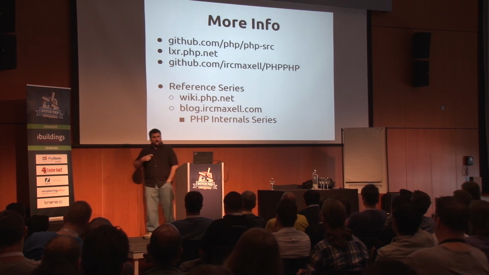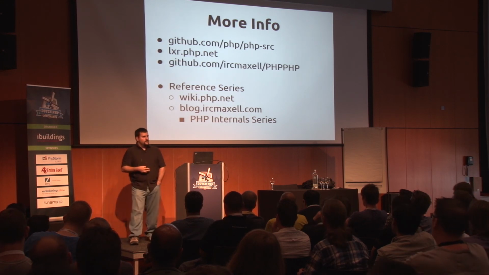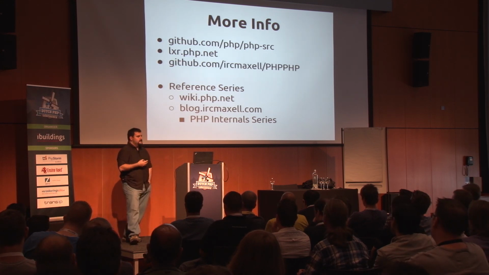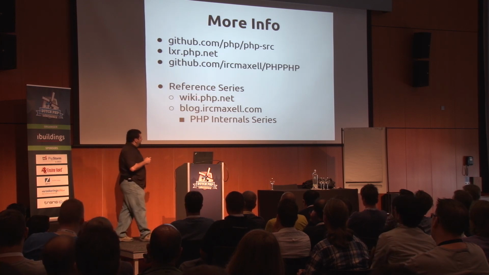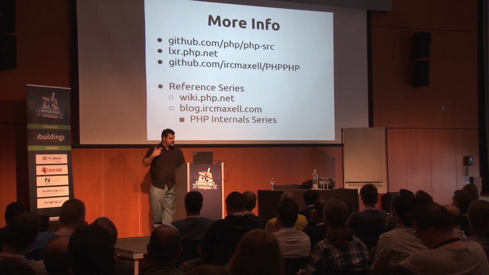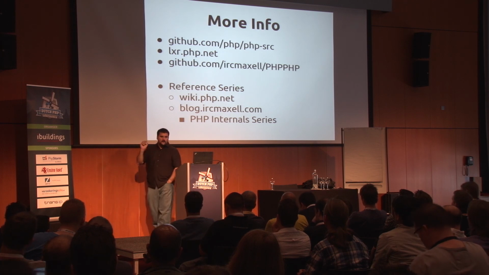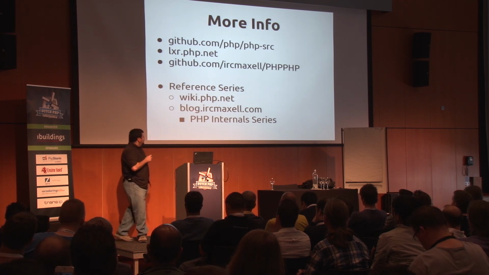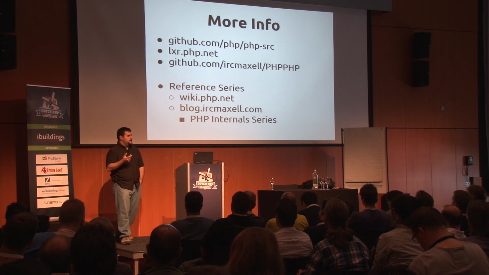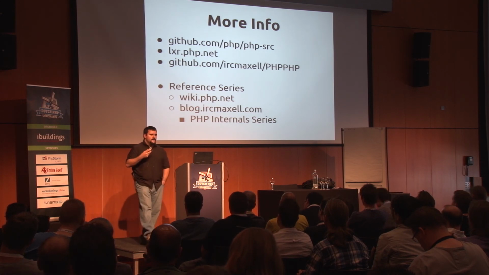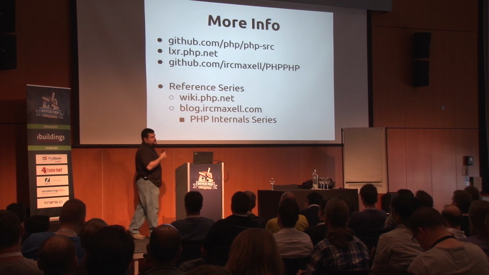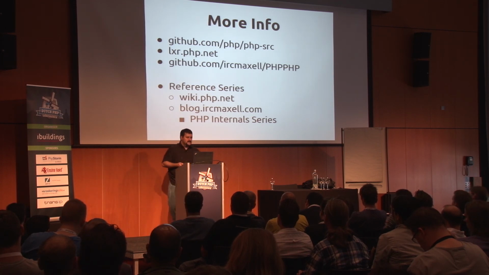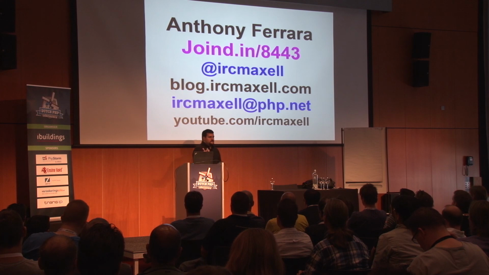For some reference, if you want to know more about how some of this stuff works under the hood, how arrays and variable types and functions work and everything like that, wiki.php.net has some documentation on it. I've done a couple blog posts about it on my blog, as well as Nikita Popov, who's also an internals developer. The two of us had a series about a year ago talking about some of these concepts. So, thank you very much.